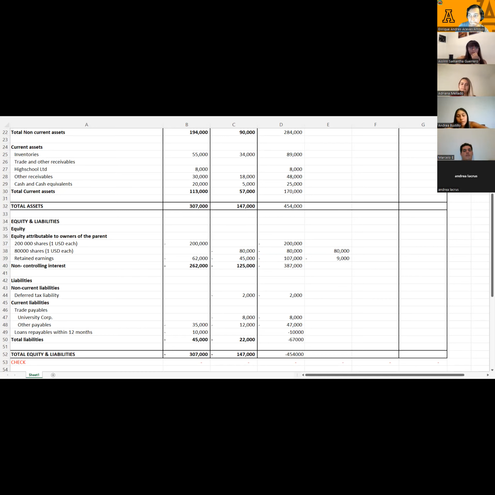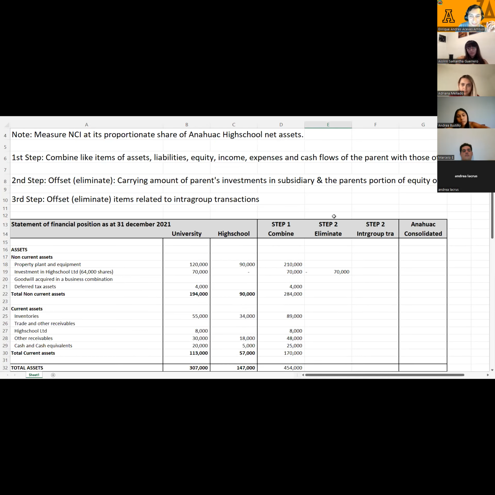That part is still from the high school, not part of the university's retained earnings. This is the column in which we eliminate what is not from the parent. Remember, this is the elimination process, even the name of it: combine, eliminate.